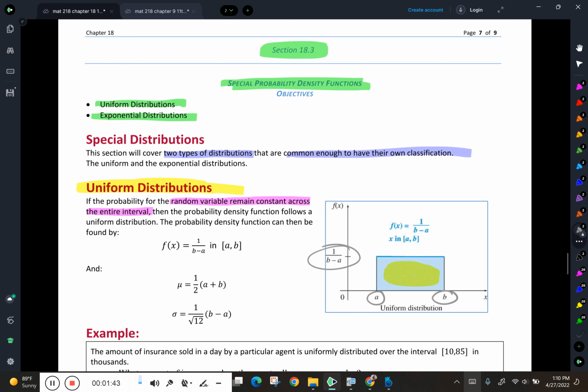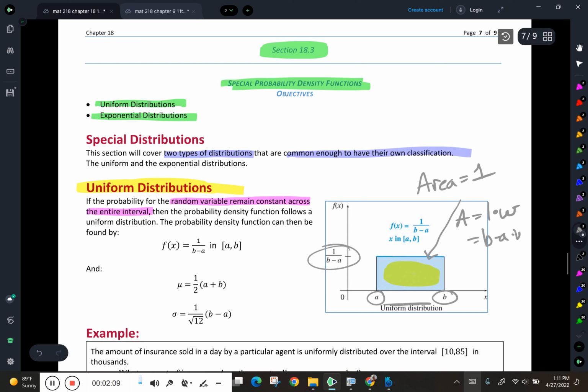Now, if you're wondering why that's true, it goes back to the definition of a probability model. Remember the definition that said that area had to be equal to 1? And since it's uniform, that makes it a rectangle. And the formula for the area of a rectangle is length times width. The length being the bottom down here is going to be b minus a.